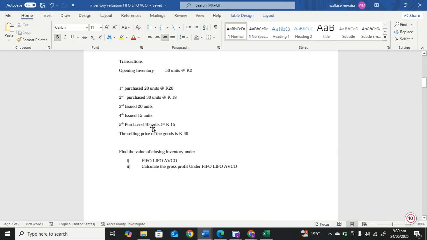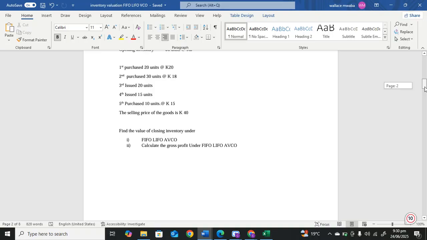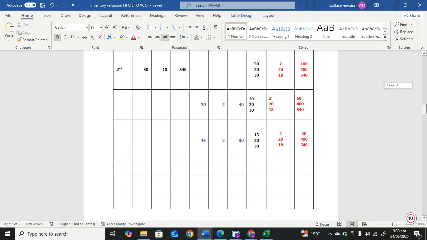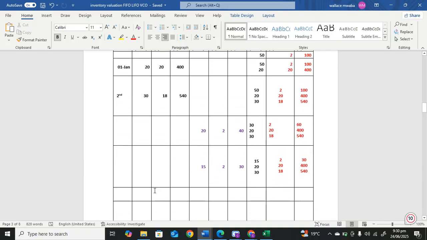We purchased 10 units at 15 kwacha. So purchases, 10 units, 15 kwacha. 10 times 15, that is 150.